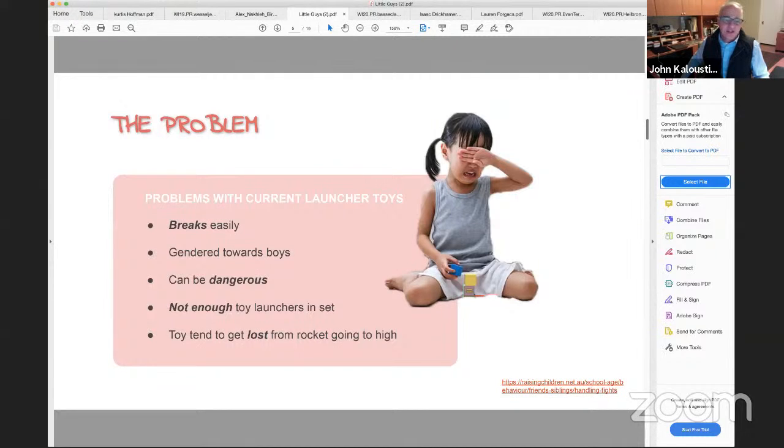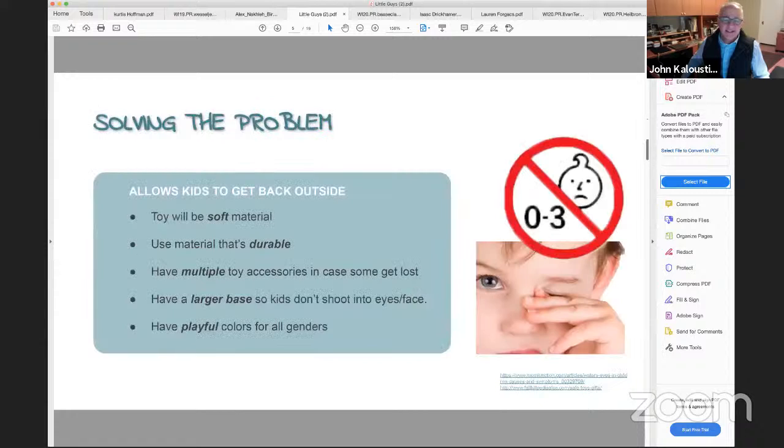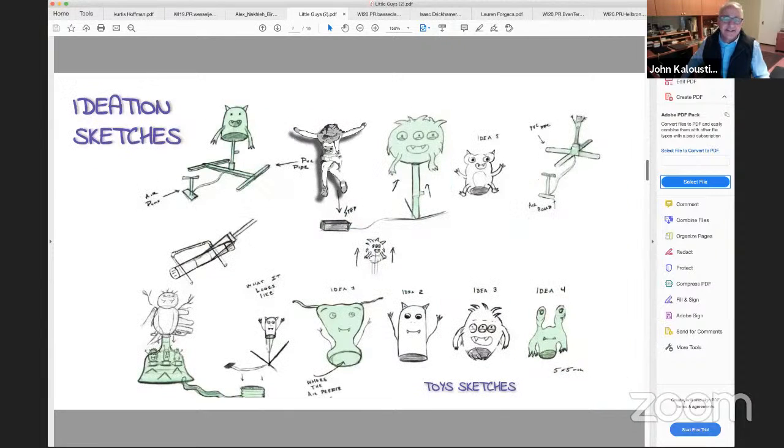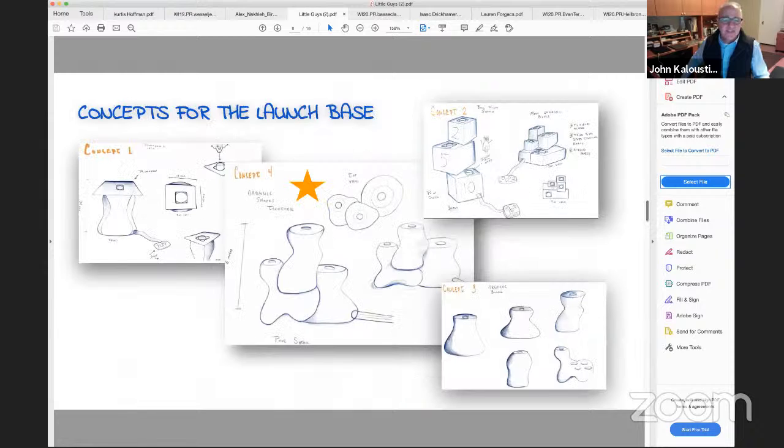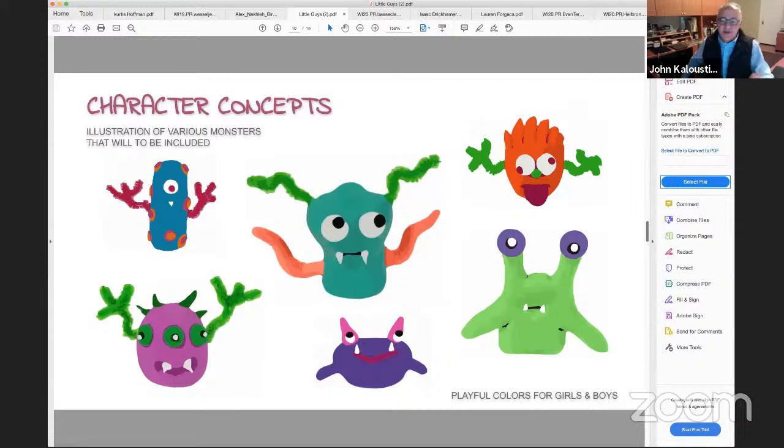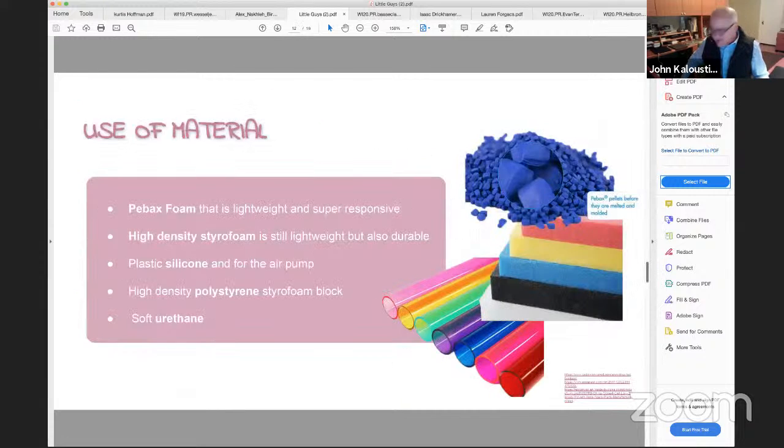And by the way, we actually went out to a toy store and talked to the owner. So we don't live in isolation. And then again, set up the situation of what she wanted to solve. And then did small sketches, a little more refined sketches. She actually created these little creatures. Ooh, cool.